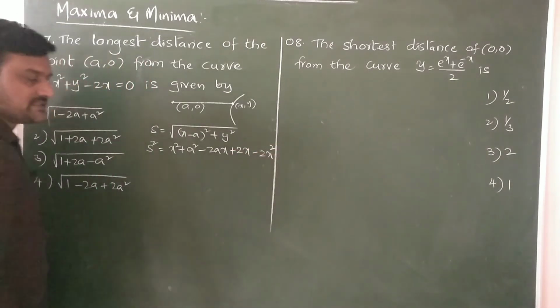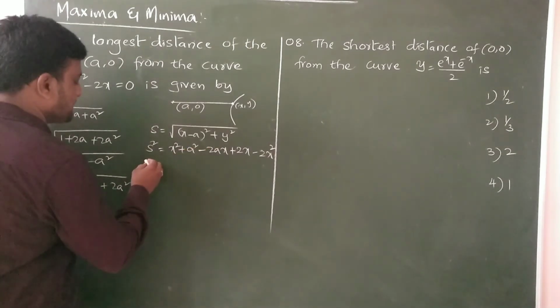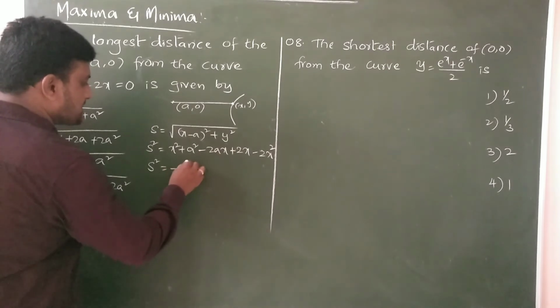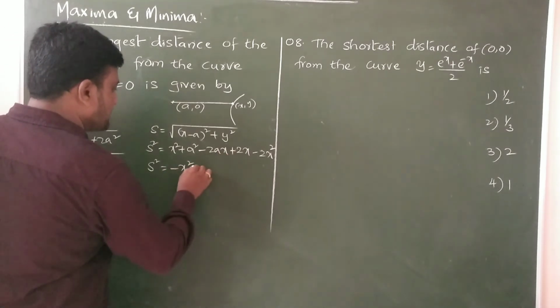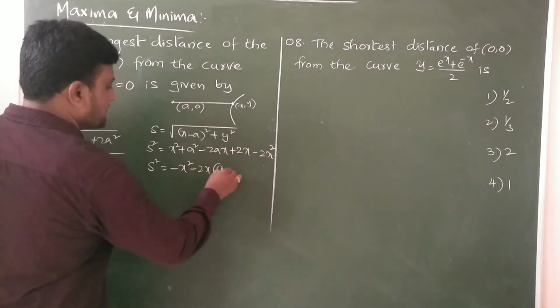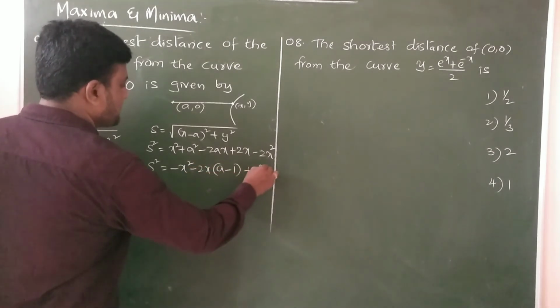Now all are in the variable x. Now s square equals minus x square, taking 2x common, then minus 2x common, it is a minus 1 plus a square.